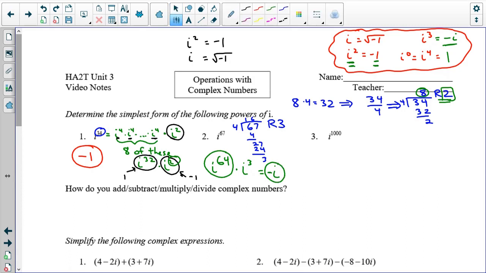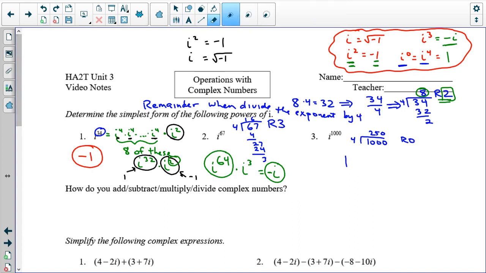Likewise, if I have i to the 1,000th, 1,000 divided by 4 is 250, and there is no remainder. So because there is no remainder, that means that I would have i to the fourth or i to the 0. So my final answer is 1. Essentially, what you do here is you look for the remainder when you divide the exponent by 4.